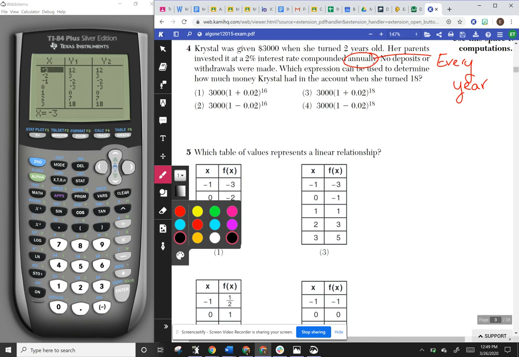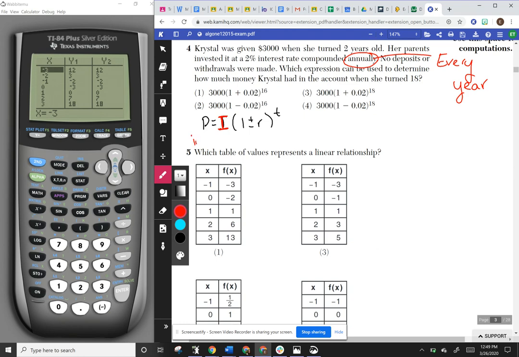And our formula, once you start seeing investing and interest rates and questions like this, usually about something growing or decreasing at a percent rate, you're going to use the formula P equals I times (1 plus or minus R) to the T. And I'm going to clarify these letters for us.